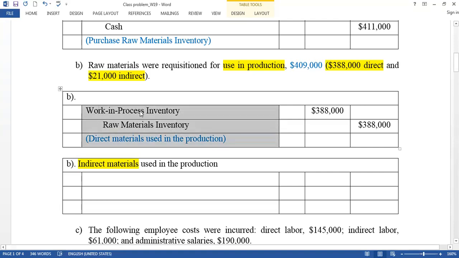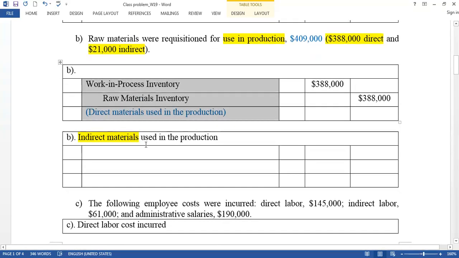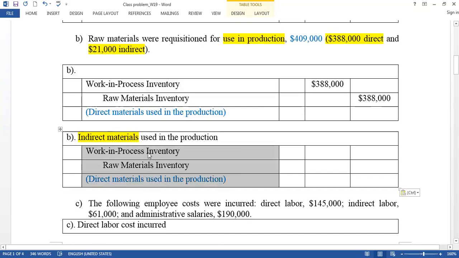So now second part, we also have indirect materials, right? And we also used indirect materials in the production department, right? But if you write the same journal here, it is your mistake, because we know that we transferred indirect materials to manufacturing overhead account.